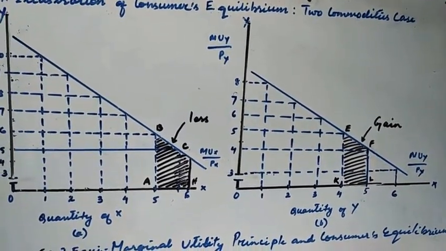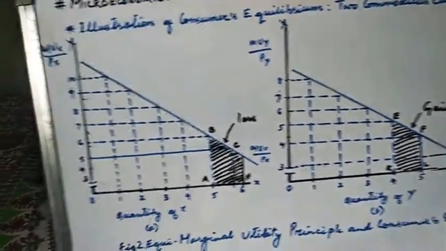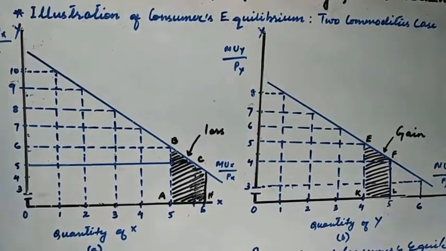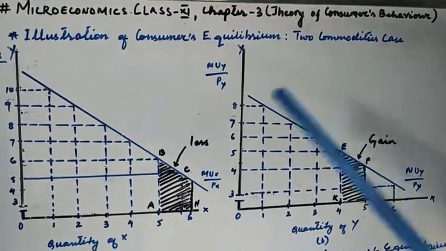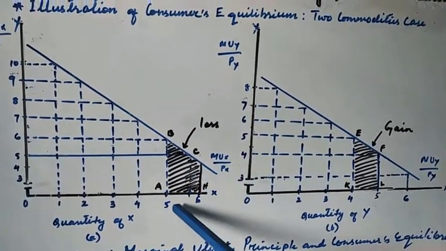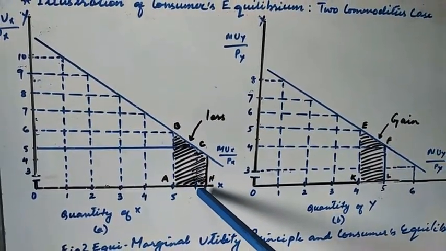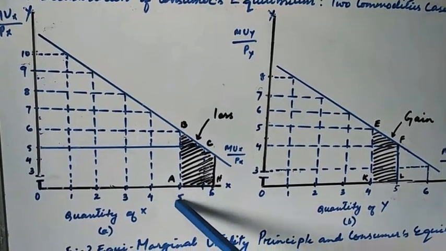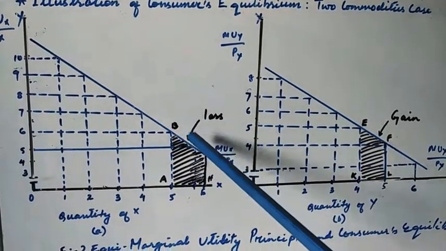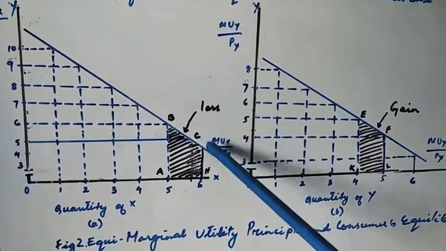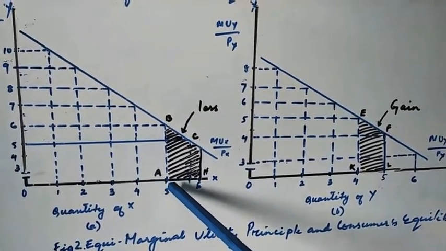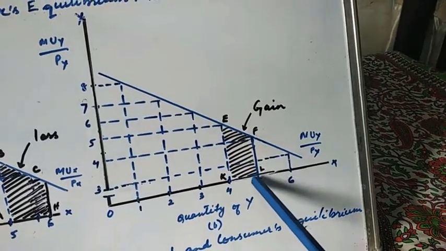So when we are rearranging the purchase of the two goods, good X and good Y, we will see that when a consumer is buying 1 less unit of good X, the total loss is indicated by ABCH. So that is the loss that he incurs by buying 1 less unit of good X. And in the case of good Y, he is buying 1 more unit.